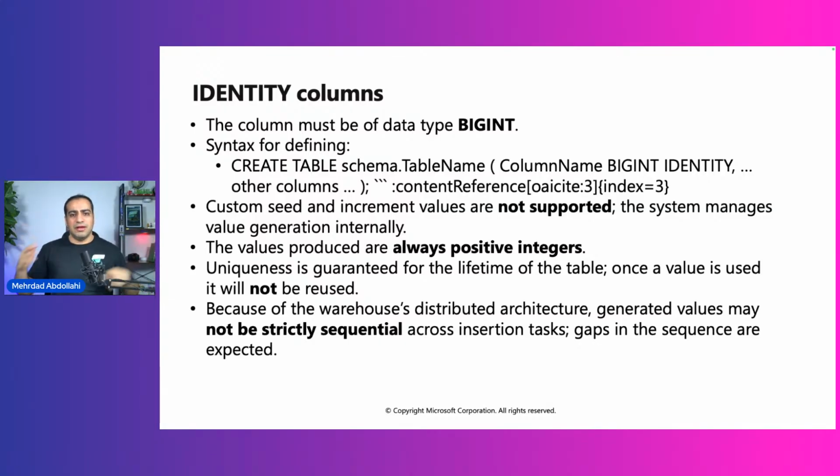So the identity column is going to be unique, and it is not necessarily incremental from the previous value, but it is guaranteed that it's unique. As I mentioned here, because of the warehouse distributed architecture, generated values may not be strictly sequential.